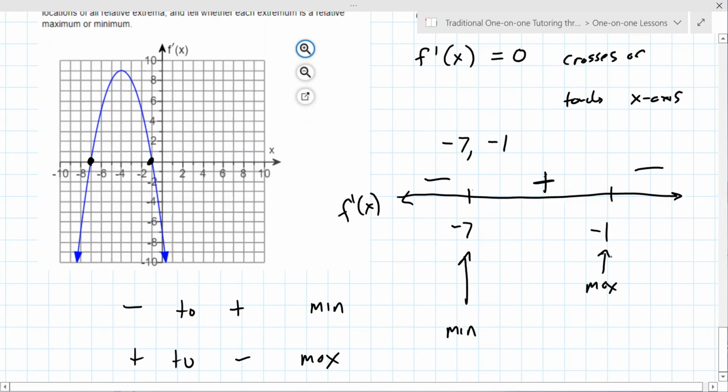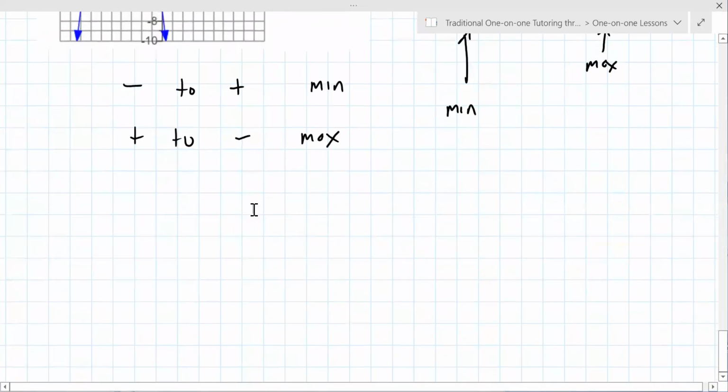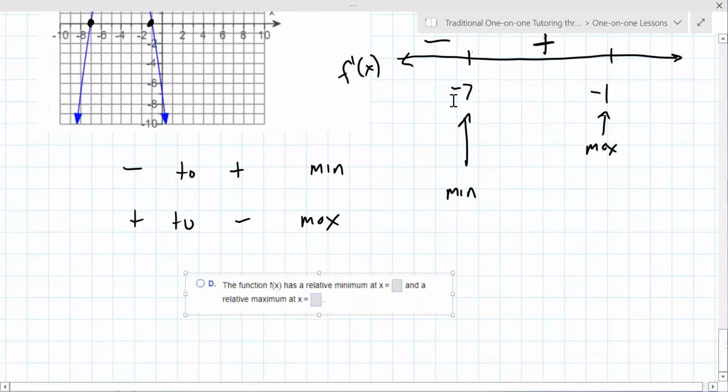So we can now answer the questions over here on the right. Let me grab the snip here of this. So this one has both is the point. And let me snip that in here. So it has a min at -7, but we don't know what the actual min is.